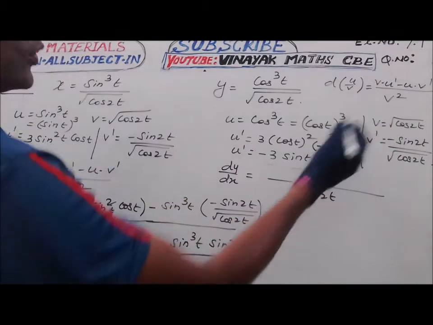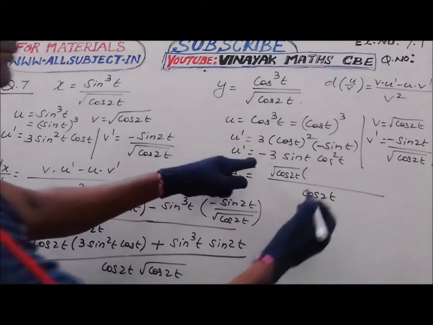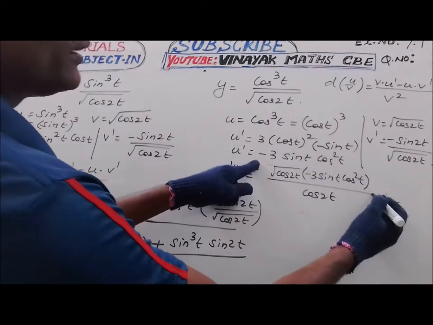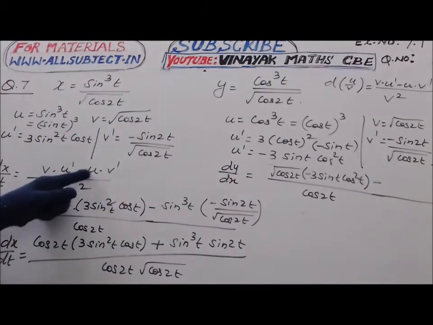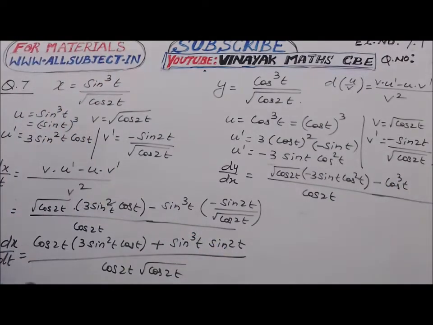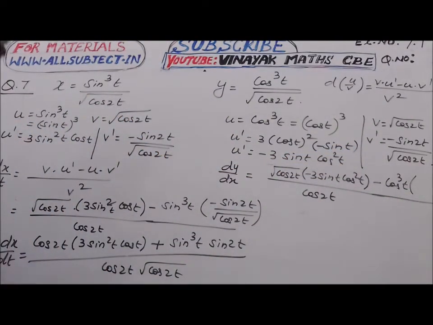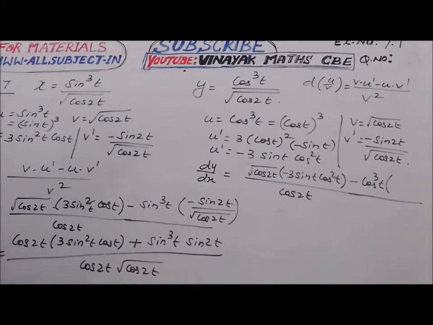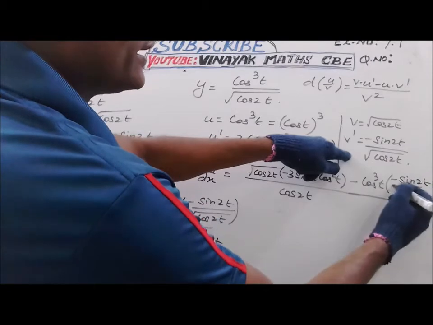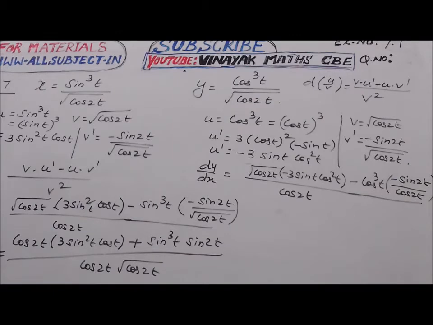V is root of cos 2t into u dash is minus 3 sin t cos square t. By formula minus, now u into v dash. U is cos cube t and v dash is minus sin 2t divided by root of cos 2t.